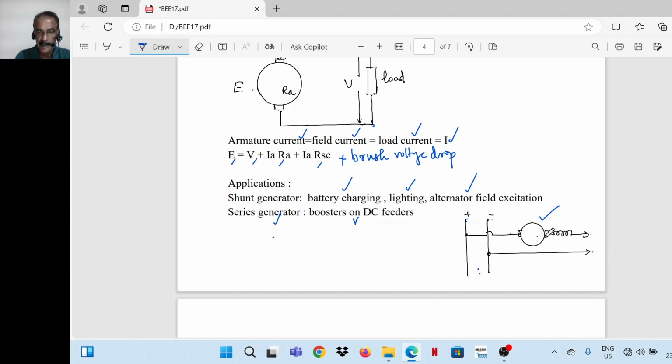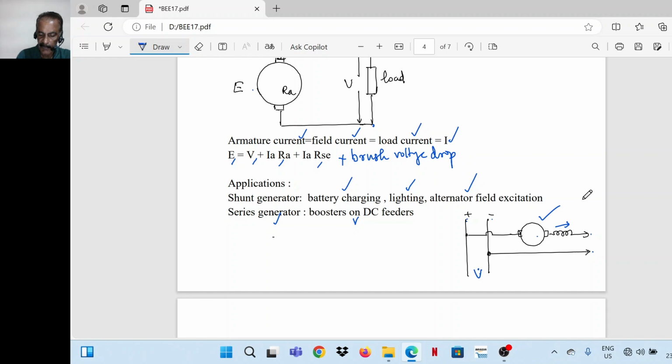Here, since a series generator is connected, when the load current increases, the field excitation of the DC series generator increases, and accordingly the terminal voltage increases. The voltage generated by the series generator is in series with the system voltage.